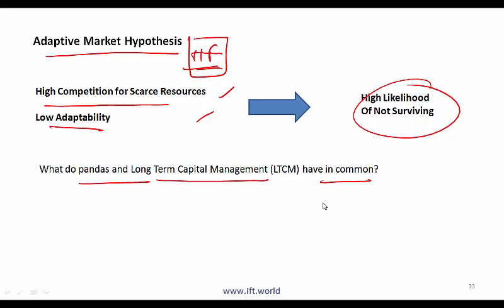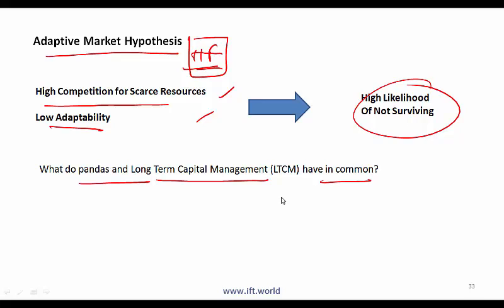Long-term capital management, hopefully you remember their case from what you've studied before. They had a very focused strategy that involved, I don't know if you remember this or not, a lot of leverage, and they would rely on the arbitrage between on the run and off the run T-bills. When there was competition in the market, rather than adapting and changing strategy, they went for more leverage.